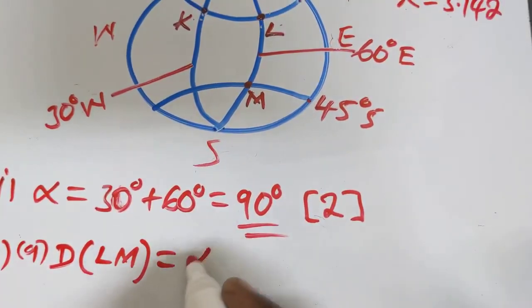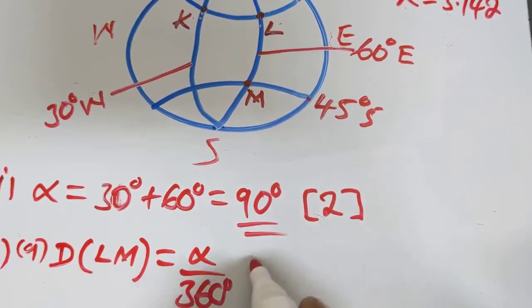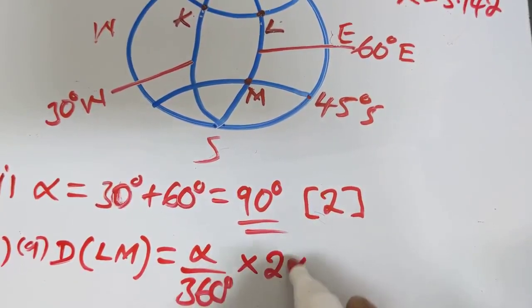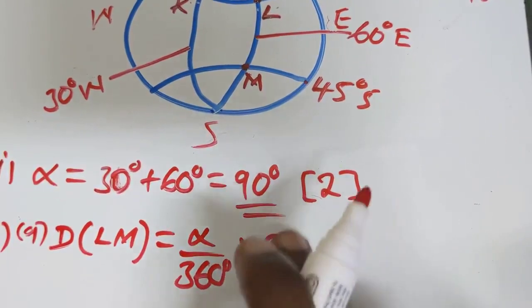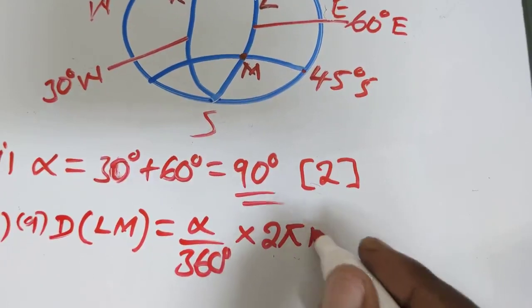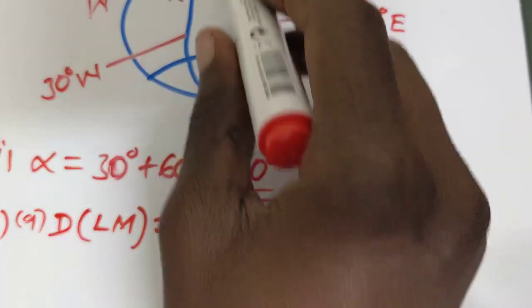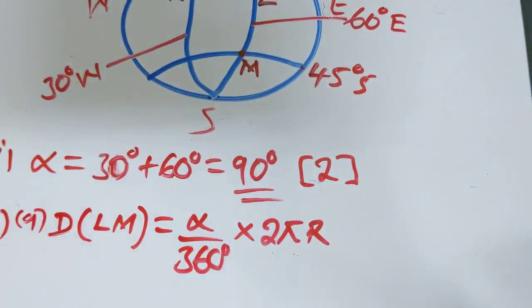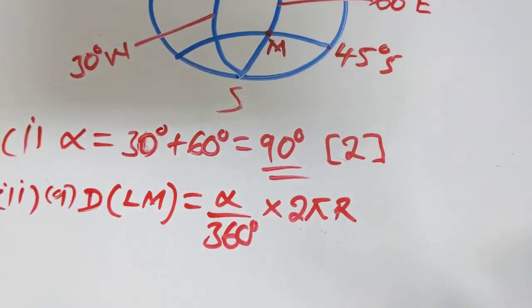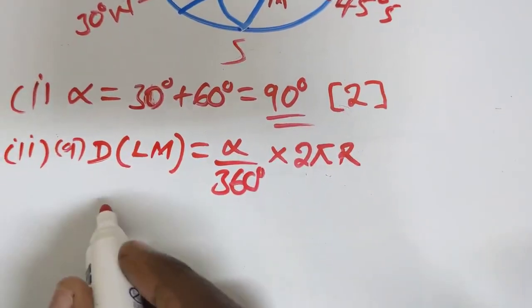The distance is equal to alpha over 360 degrees multiplied by 2 multiplied by pi multiplied by capital R. That is how you are supposed to write the formula. Just write in the formula and you'll be given a mark. That is how good mathematics is. Now you start solving.